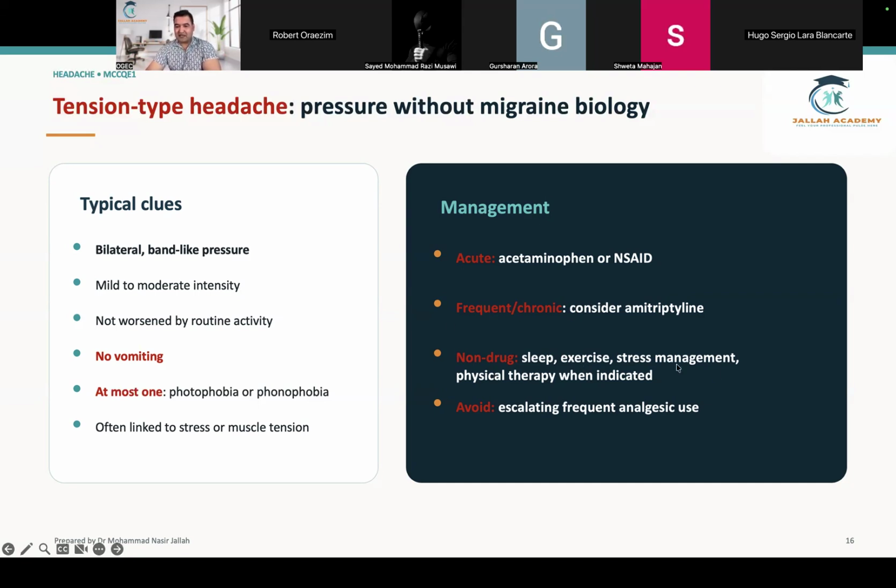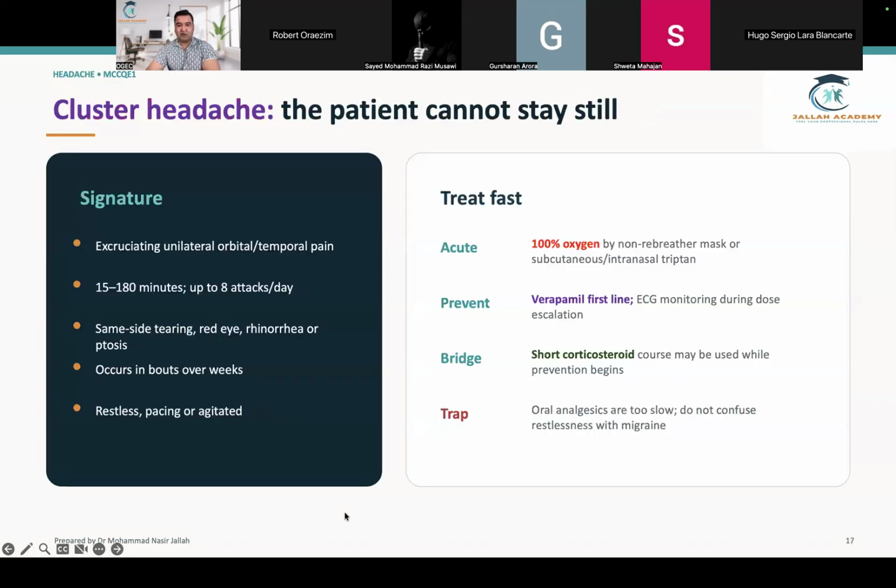Non-drug measures: sleep, exercise, stress management, physical therapy when indicated. Avoid frequent analgesic use because it will cause rebound headache.